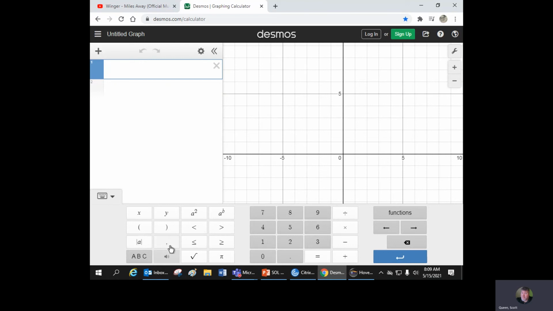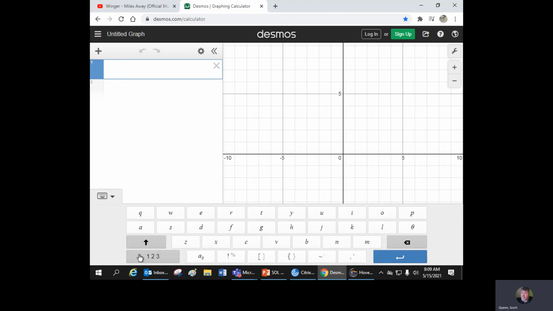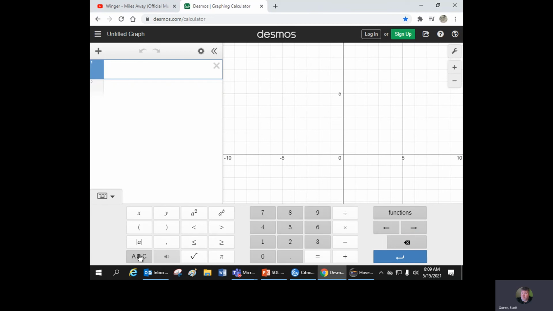We got our comma, which will come in handy. We got our less than, greater than symbols or equal tos. We got our other switch for keyboard here, which might come in handy later on. I'll show you something with that. We got our square root. We got our pi symbol. And again, unless the directions specifically tell you to use 3.14, you should be using the pi symbol.